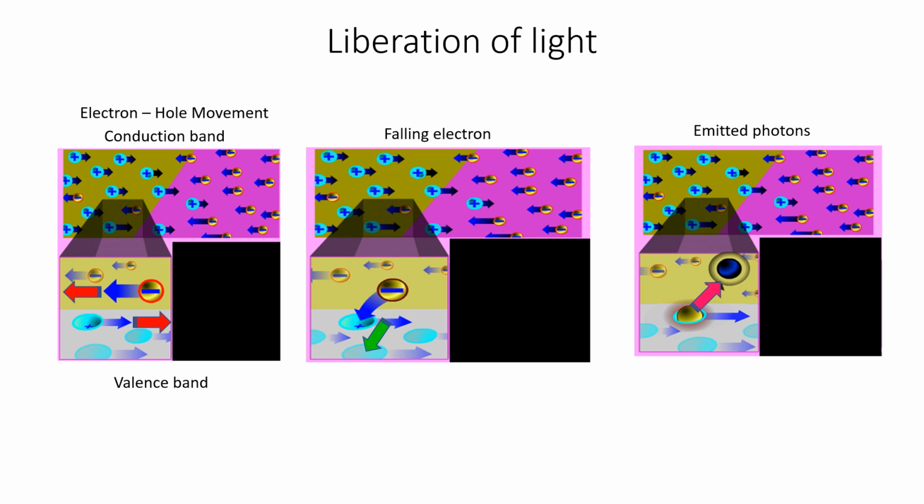That is, the jumping of electrons from the conduction band to the valence band is liberated in the form of light. Each recombination causes radiation of light energy. Light is generated by recombination of electrons and holes, whereby the excess energy is transferred to an emitted photon.